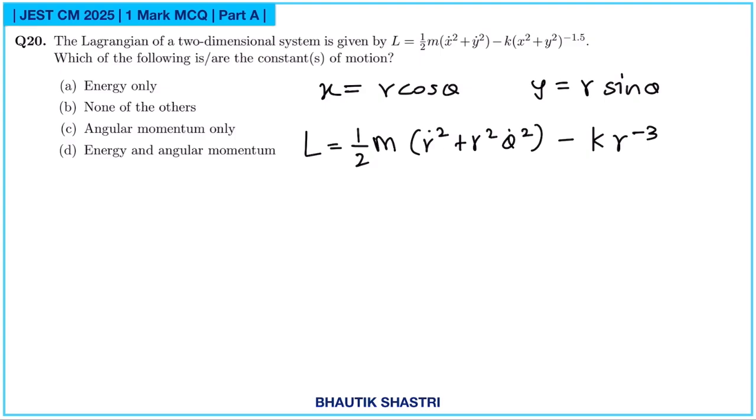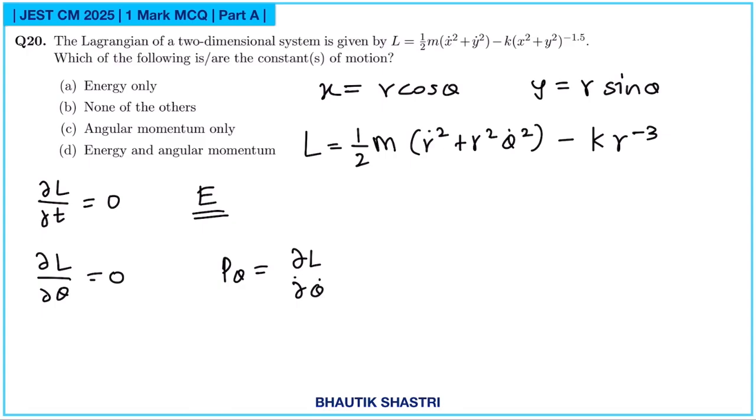Here there is no term involving t. So dou L by dou t is equal to 0. That means the Hamiltonian corresponding to total mechanical energy is a constant of motion. Similarly, dou L by dou theta is equal to 0. That means theta is a cyclic coordinate and the generalized momentum conjugate to theta is conserved. So p theta is equal to dou L by dou theta dot is m r square theta dot. This will be conserved and p theta is nothing but angular momentum of the system. So energy and angular momentum will be constants of motion.